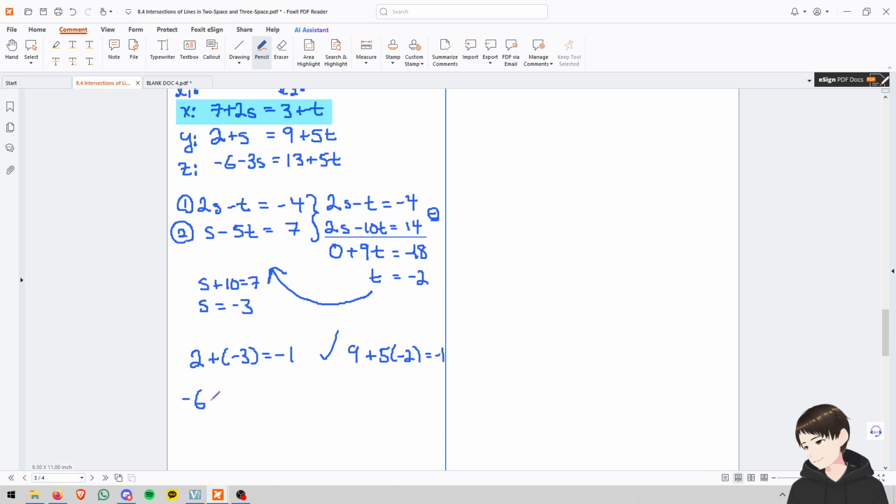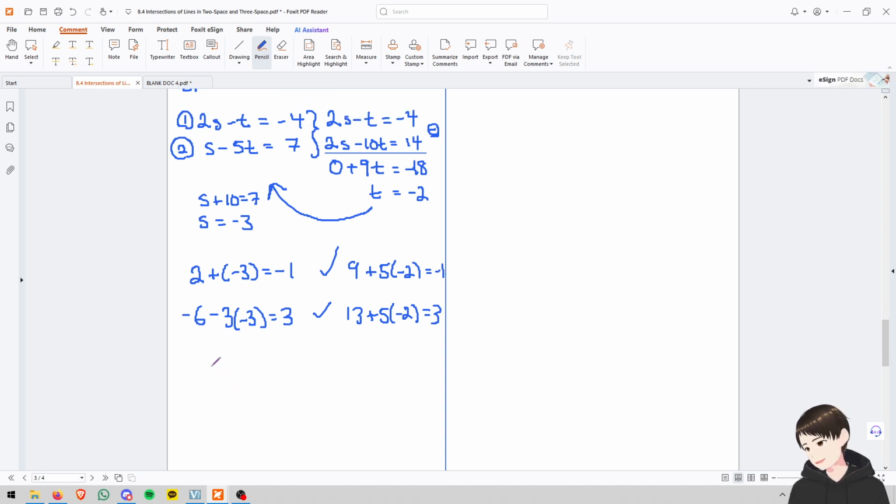Z: negative 6 minus 3 times s equals 3, and 13 plus 5 times t equals 3. Checks out. Woohoo! Because all 3 work, there is only one solution.